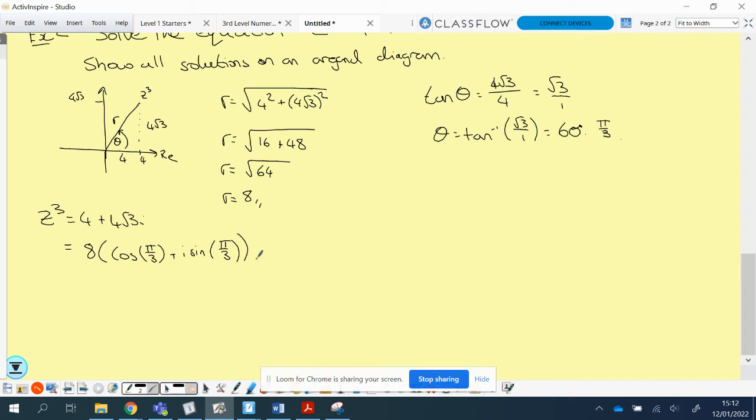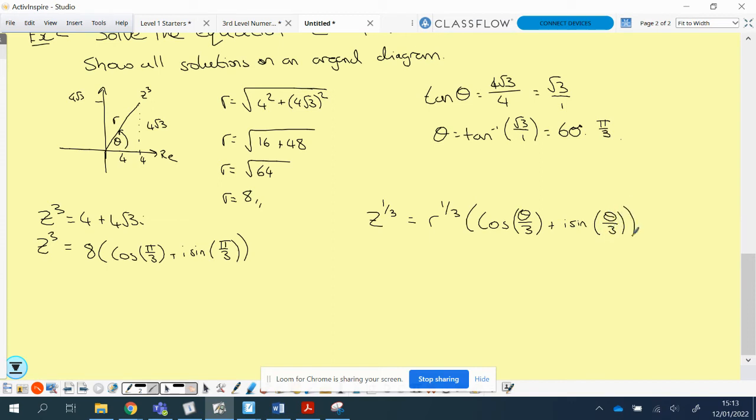Okay, so we're then going to have to work out how we find these roots. We want to find z. So using De Moivre's theorem, we have to take the cube root. How would we find the cube root of a complex number using the theorem? Well, it's going to be r to the power of a third, but then it's going to be cos, rather than 3 times theta, because it's a third, so it's going to be theta over 3 plus i sine theta over 3.